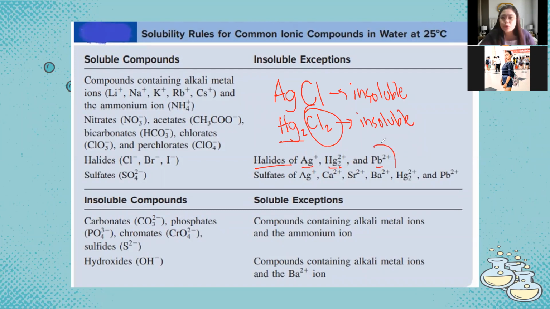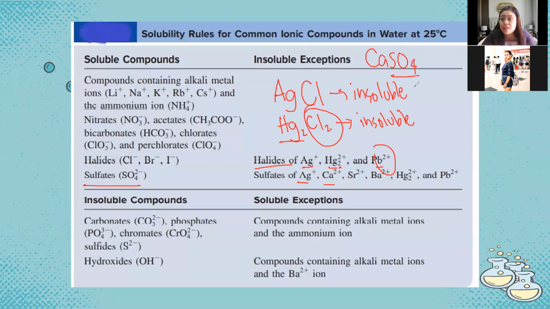That is also true for lead. So even if you have the halides, but if the partner is lead, insoluble siya sa tubig. Now, that is also true for sulfates, though other compounds containing sulfates are soluble to water. But kapag ang cations nila, ang kasama nila ay either silver, calcium, or for example, calcium sulfate, ayan.